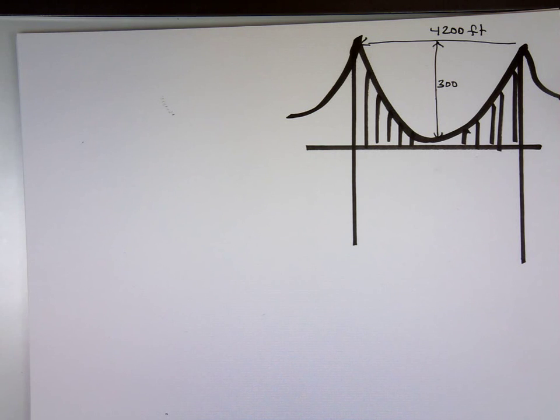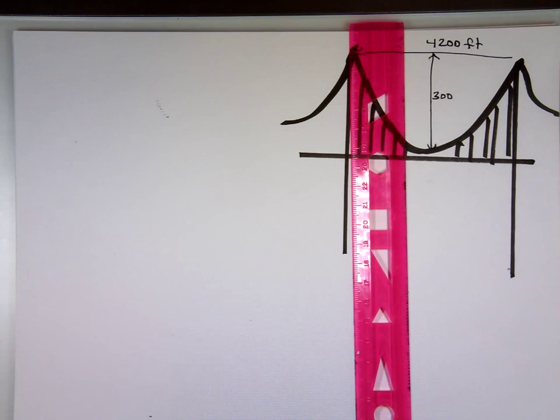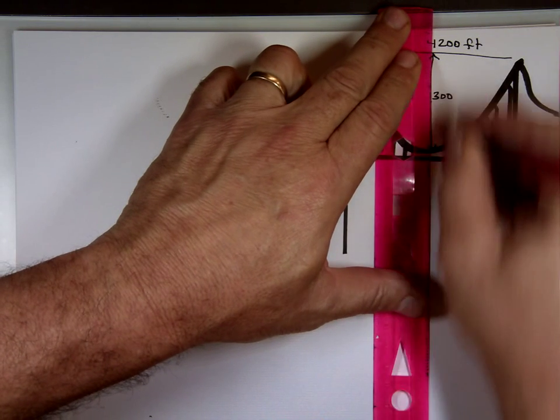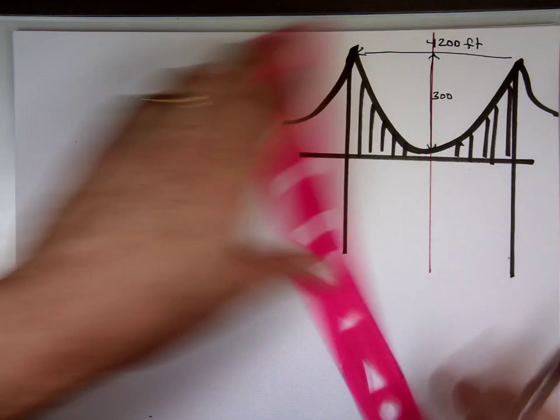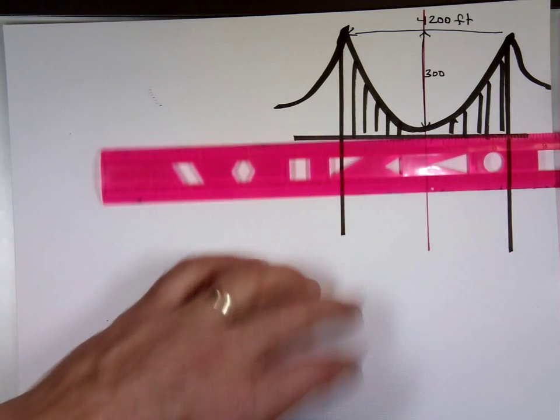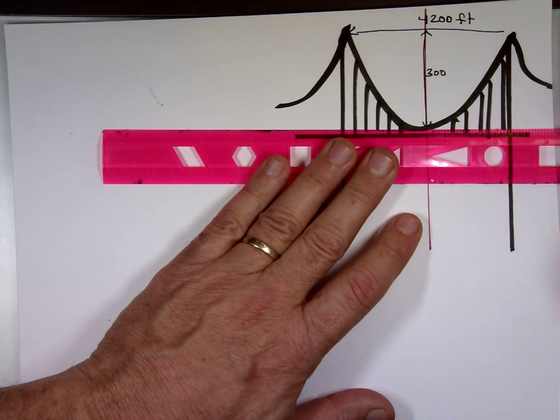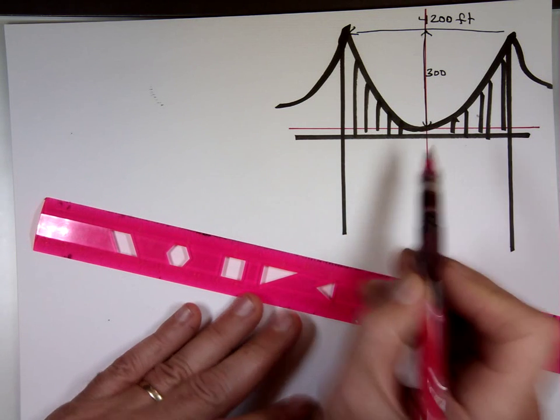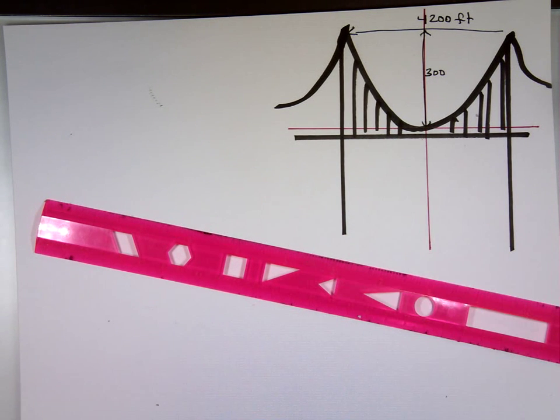Well, how do you do that? You set your axes right here. This is my y-axis, and this is my x-axis, right there at the bottom. Now, if this piece is not touching the ground, I know how high it is above that, and I can add that to it.